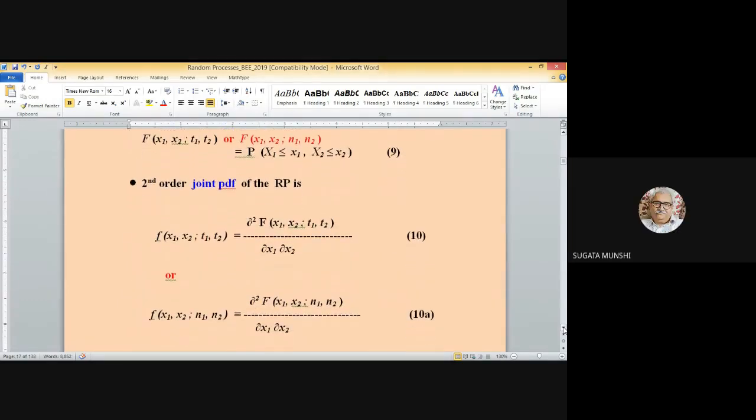Second order joint probability density function is given by equation 10 and 10a.